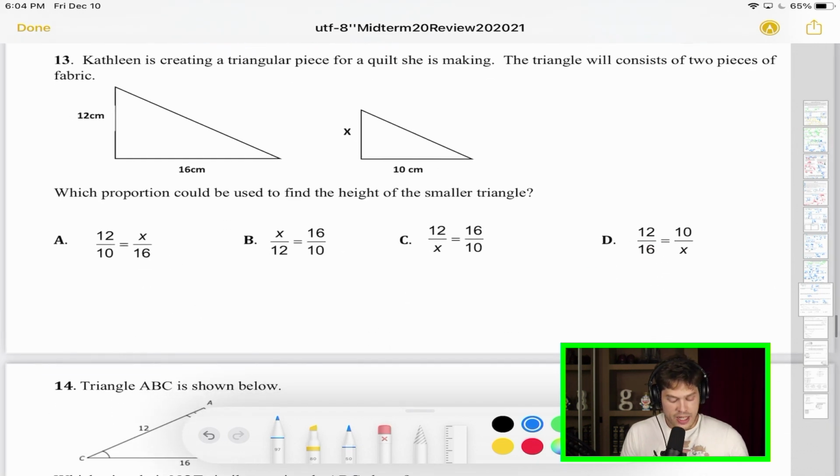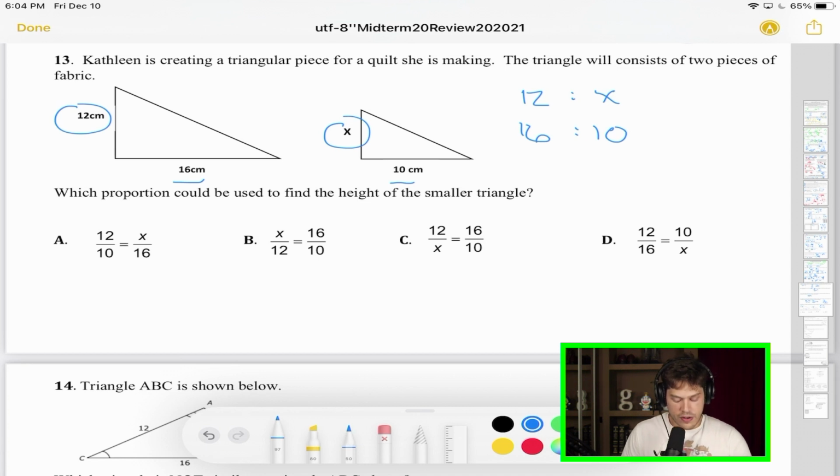Okay. Kathleen is creating a triangular piece for a quilt she is making. The triangle will consist of 2 pieces of fabric. Which proportion could be used to find the height of the smallest triangle? So you always compare like to like. So 12 is to X as 16 is to 10. Now, sometimes you can write it a little bit differently than this.